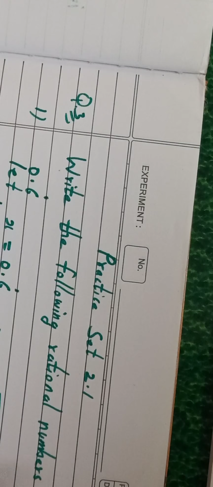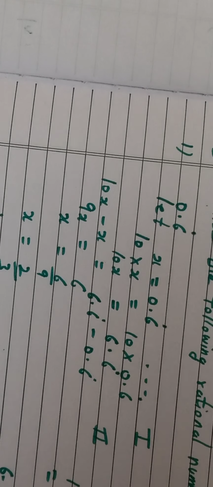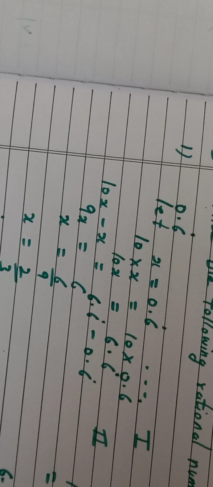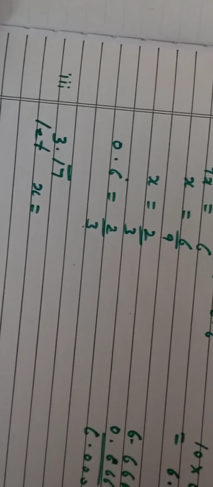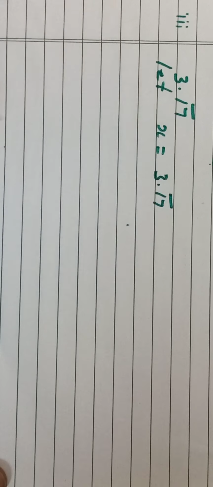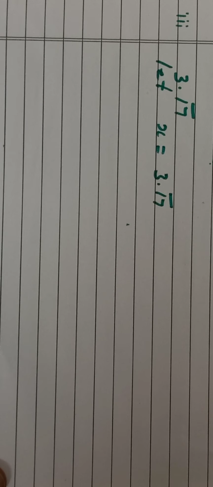Now as I told you, if 2 digits are recurring, 17, 17, 17, then what do we have to do? First step, we will write let x is equal to 3.17 bar. Bar is given because 2 digits are recurring and there is no dot here.